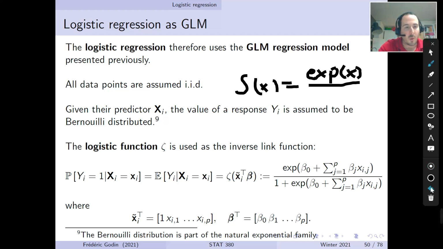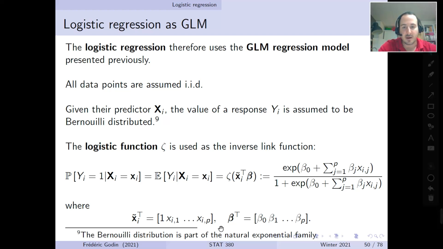And now, why is there a tilde over the xi? It's because we augment the predictor set by adding 1 in the first place so as to consider an intercept, such as we did earlier in the GLM chapter. So x tilde i contains 1 and all predictors, and the vector beta is the column vector which contains beta 0, the intercept, and all slopes within the GLM model.